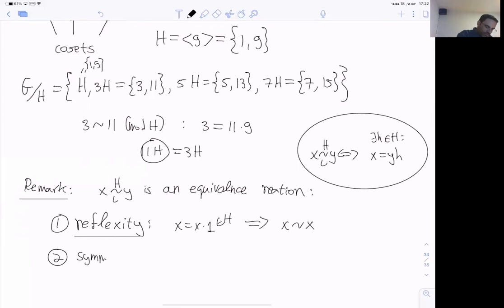Symmetry: if x is equal to yh, and of course h is invertible, so xh minus 1 is equal to y. I just multiplied both sides by the inverse of h. So y is equivalent to x.